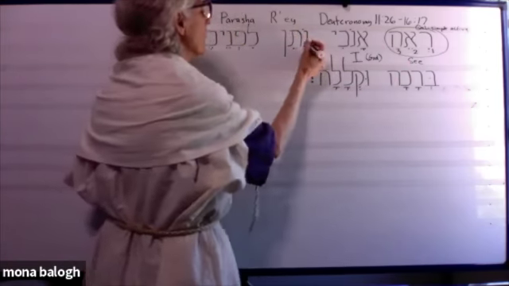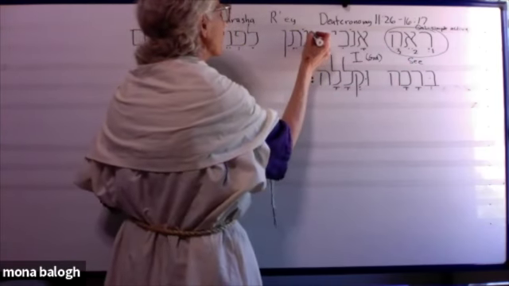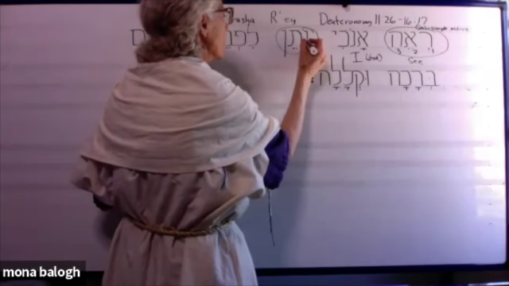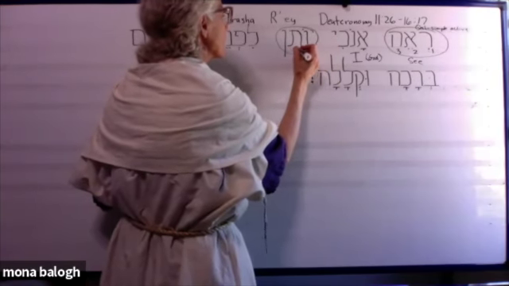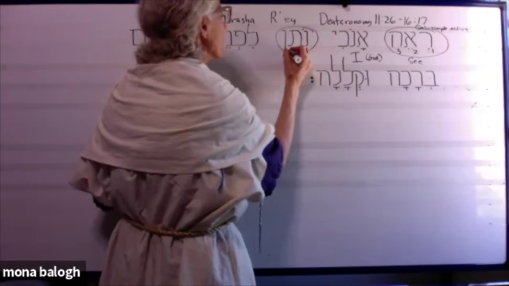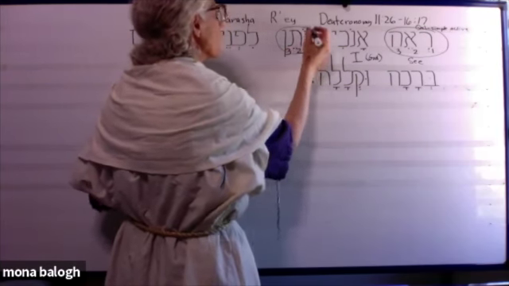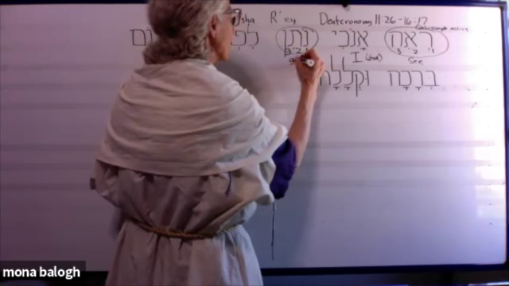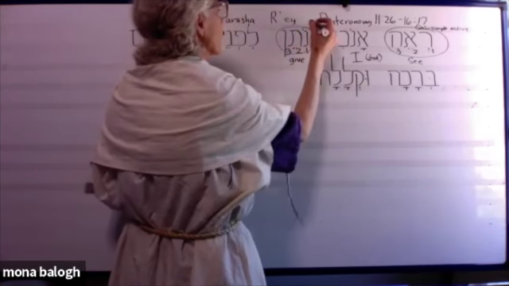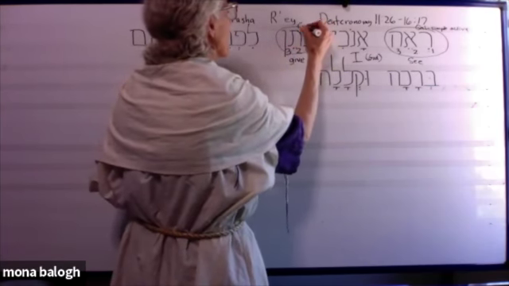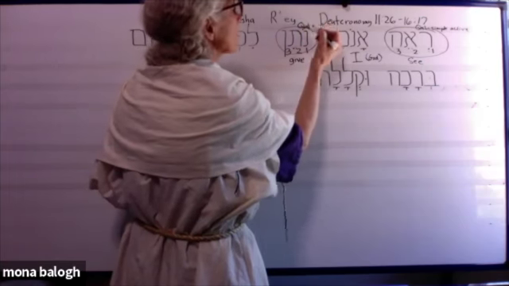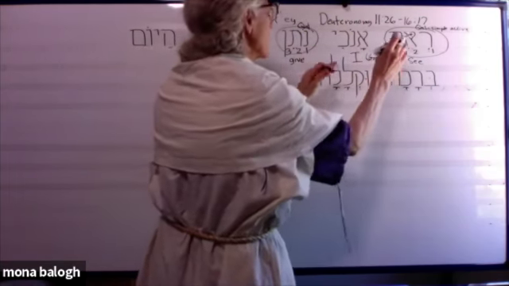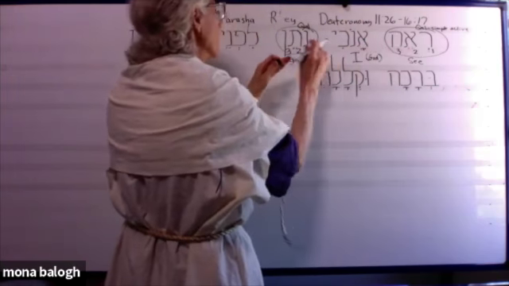Notain is another verb. Nun is the first letter, Tav is the second letter, Nun is the third letter of the verb, which means give. And again, this is a Kal stem, simple active. So basically, God is saying, see, I, God, give.